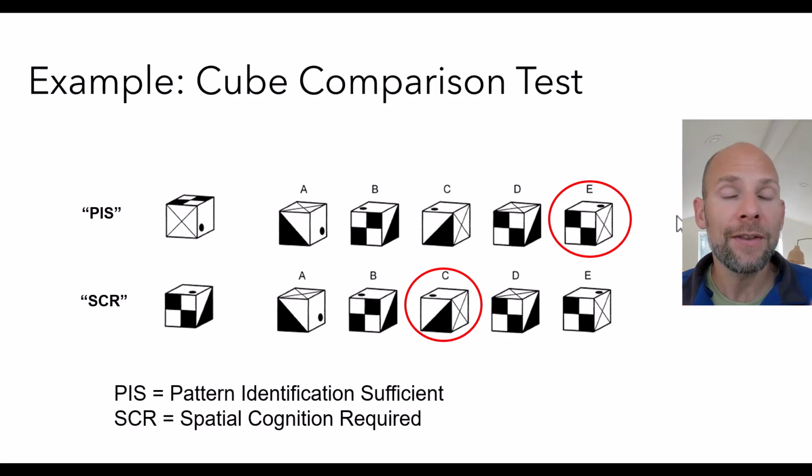Now these different types of items, as we will see, lead to different latent classes when applying a mixed Rasch model to these items from the test. So let's see what this looks like when we apply a mixed Rasch model in jamovi to the items of the cube comparison test.